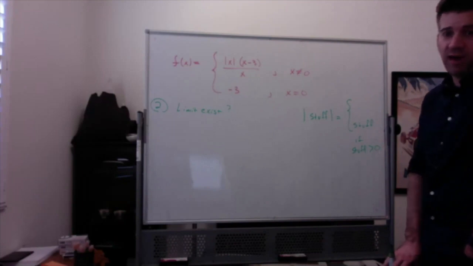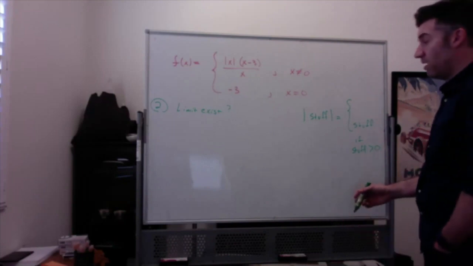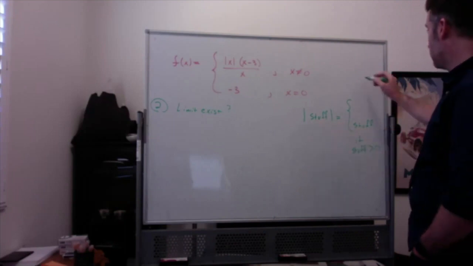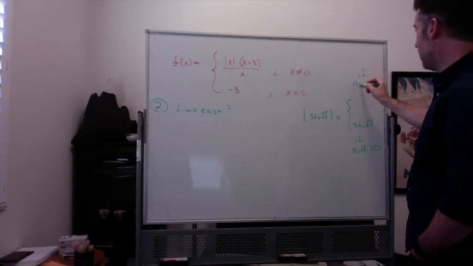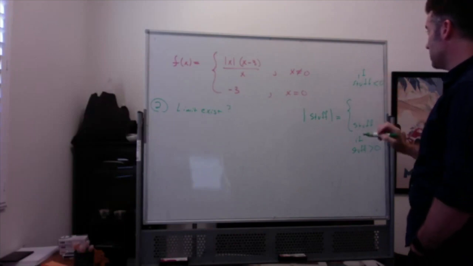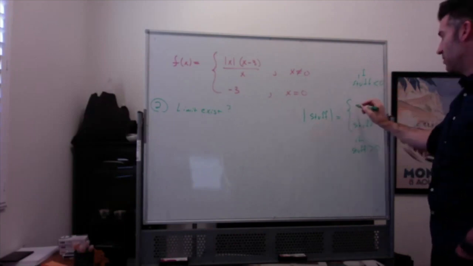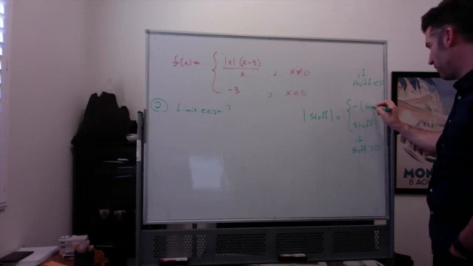Right? Absolute value of 5 is just 5. On the other hand, if the stuff inside is negative, so if the stuff is less than 0, then the absolute value of that stuff is the negative of that stuff.